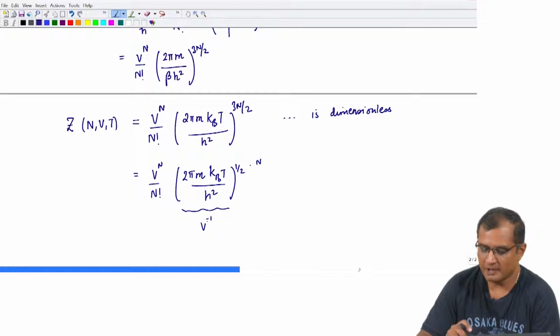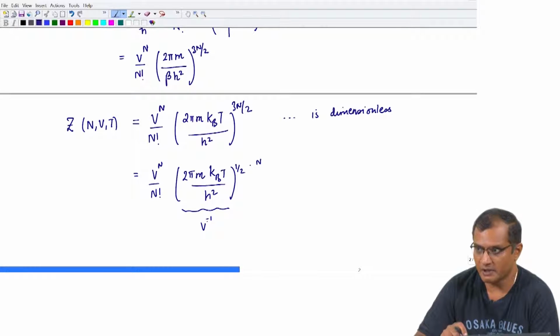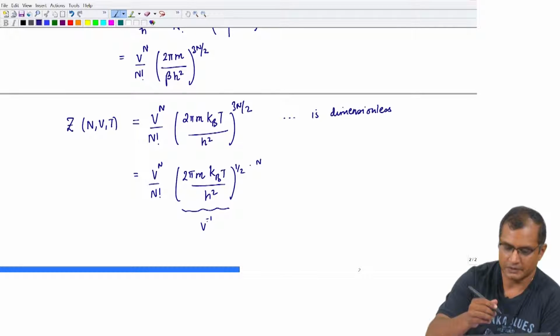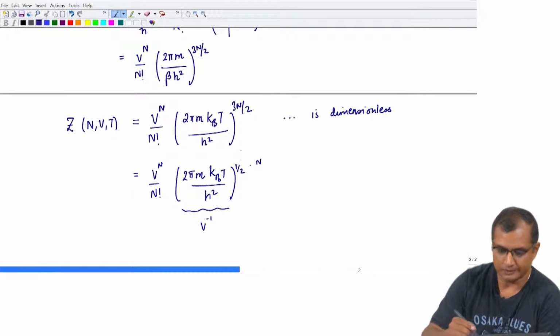So, unless this, the whole raised to 3N, right? So, it should be 3 by 2.